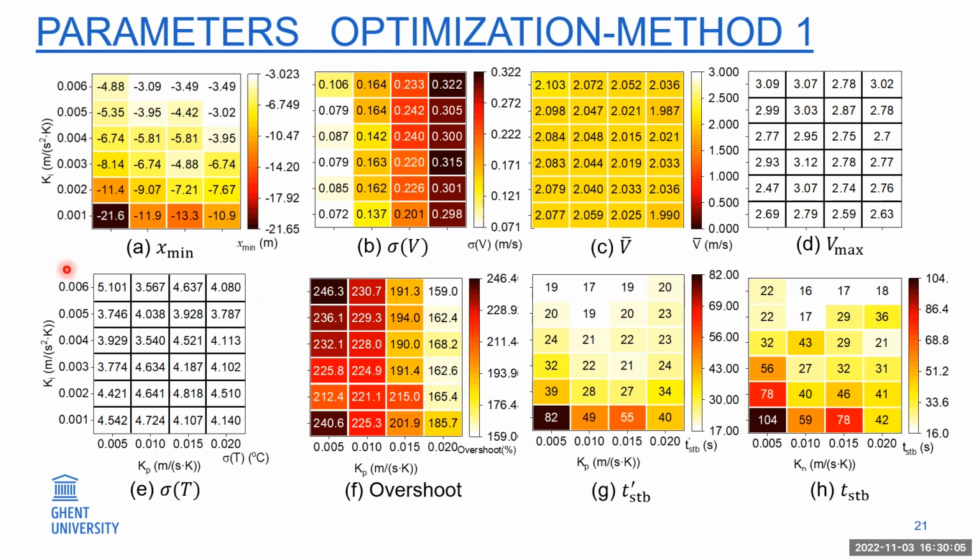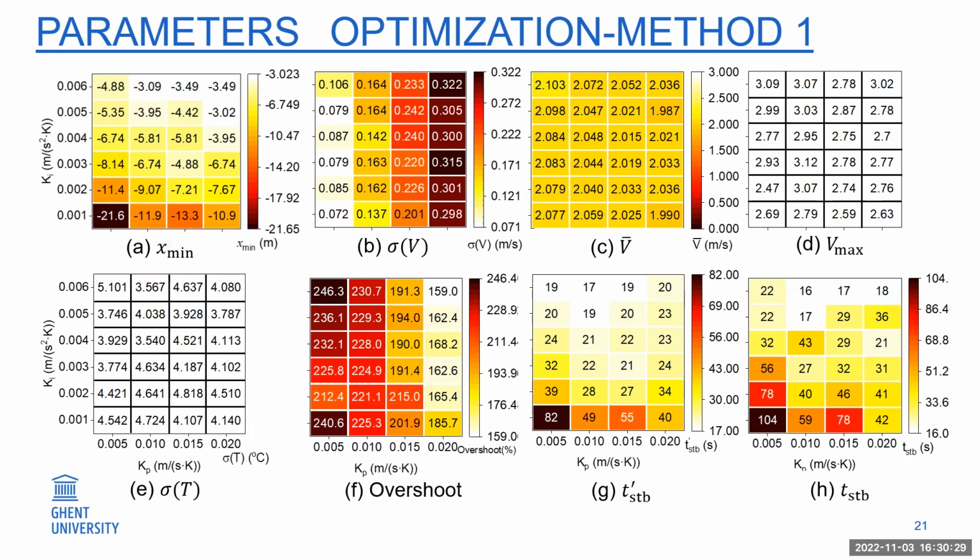The first very important performance metric is the X minimum. The X minimum is the smoke front that's supplied upstream, so the negative of this number is equal to the backlayering distance.